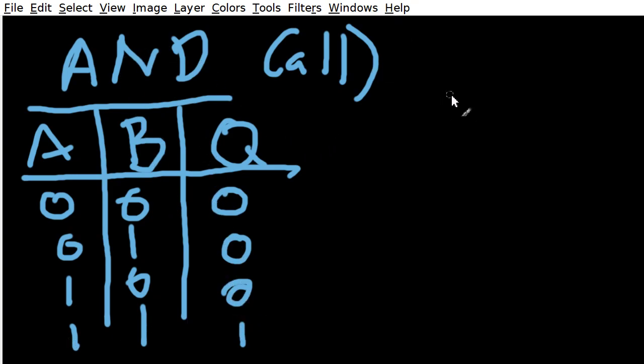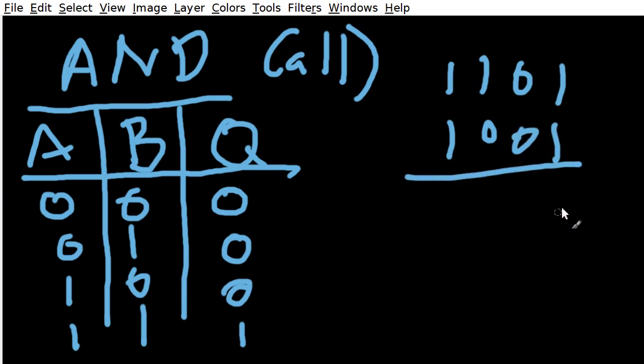And of course, we have AND being done. This will be 1, 0, 0, 1. And just for extra practice, we'll convert this into decimal.